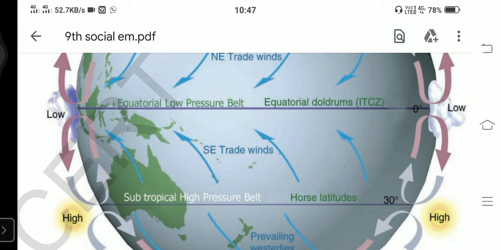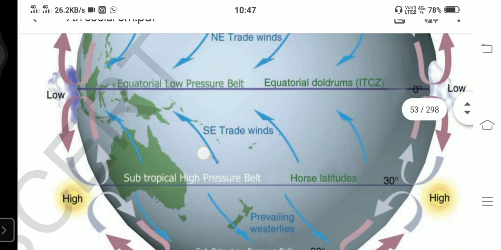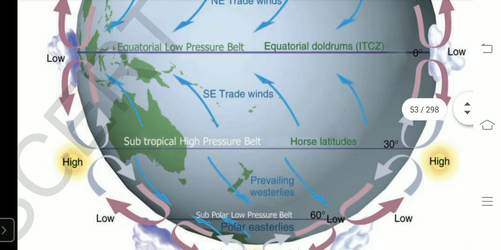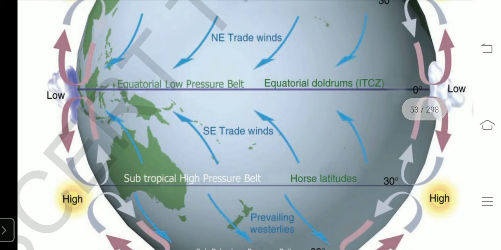Then the third type of winds, local winds. Understand? The third type of winds is local winds. Local winds blow due to local variation in temperature and pressure, which are confined to a smaller area.